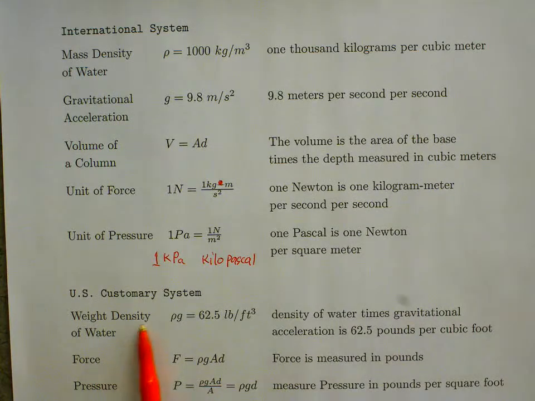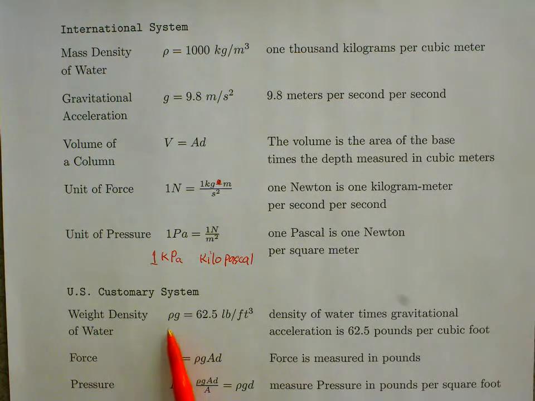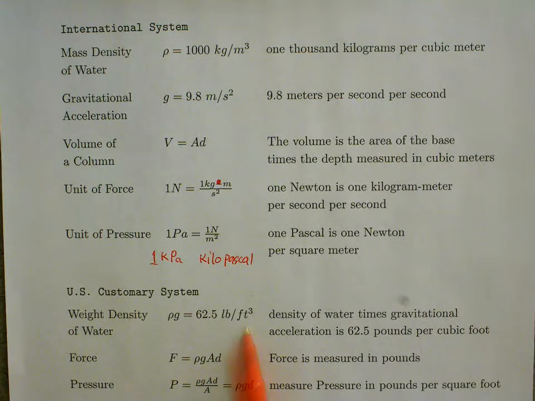the weight density of water is rho times g, and it's measured as 62.5 pounds per cubic foot. Okay, so the density of water times gravitational acceleration is 62.5 pounds per cubic foot.